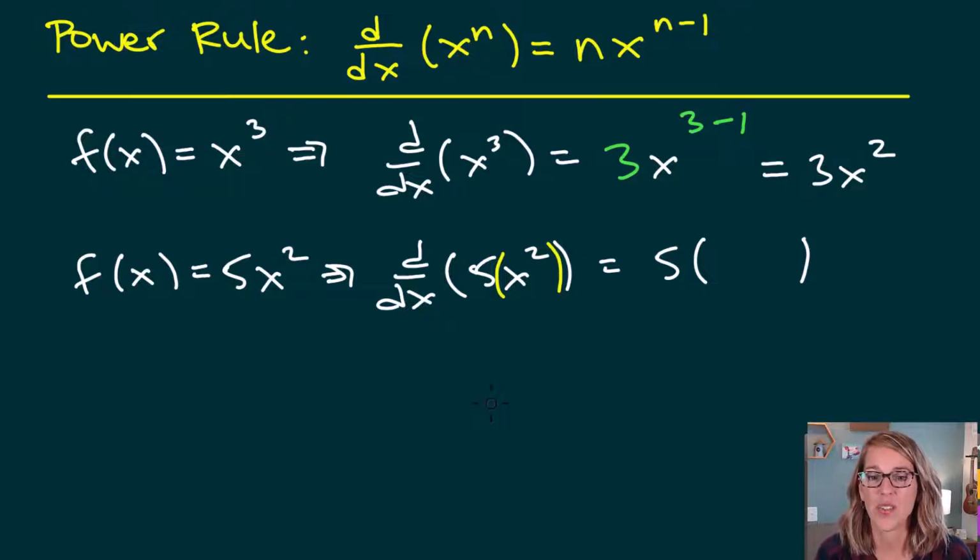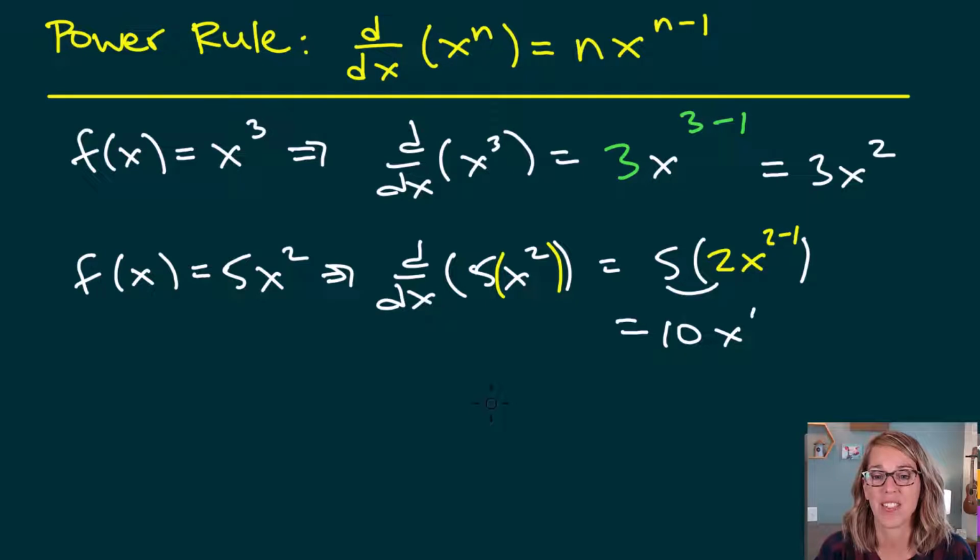So here I go, the 2 comes out in front, and I'm going to subtract 1 from my power. So I'm just going to squish in a little 2 minus 1 there. Let's go ahead and do the math to finish this one. 5 times 2 is 10, and x to the 2 minus 1 is going to be x to the first, or you can just write this as 10x.